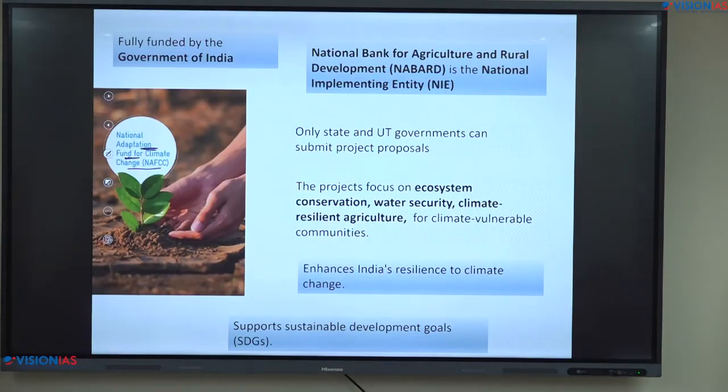Now, what is adaptation? Why do we have a separate fund for it? First of all, you should understand the meaning of adaptation. See, there are 2 things that you can do to tackle climate change.